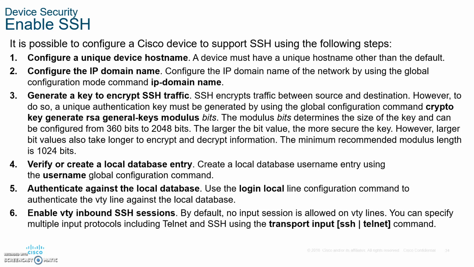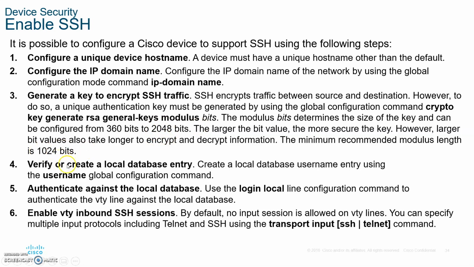This will generate a private and public key. The command is crypto key generate rsa general-keys modulus 1024. There you go, the command is right here. You write 1024 or 2048. The bigger the key, by the way, the longer it will take to generate.